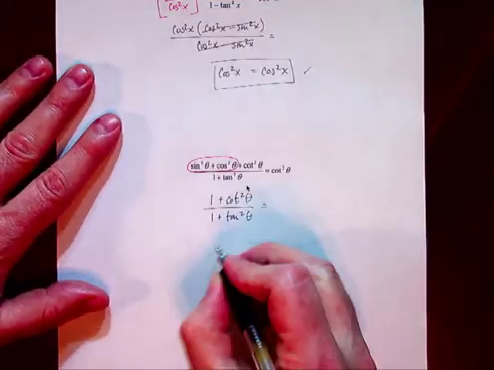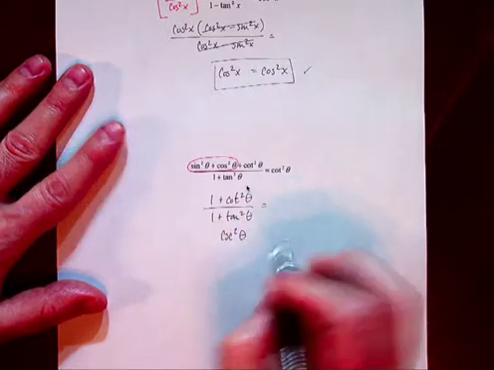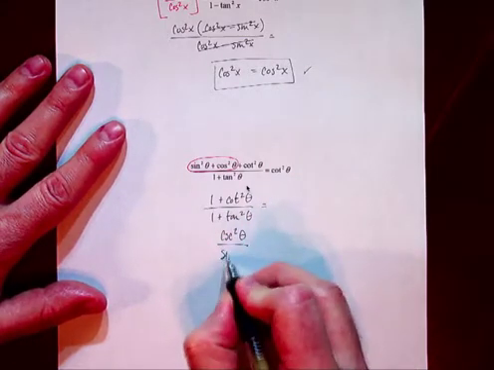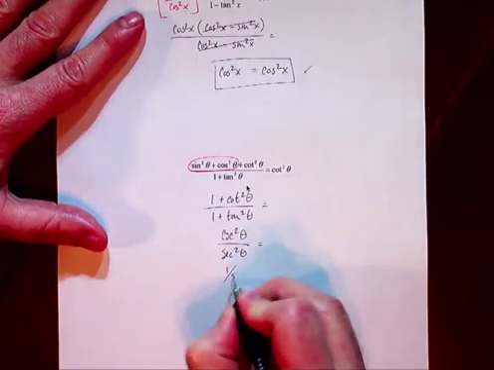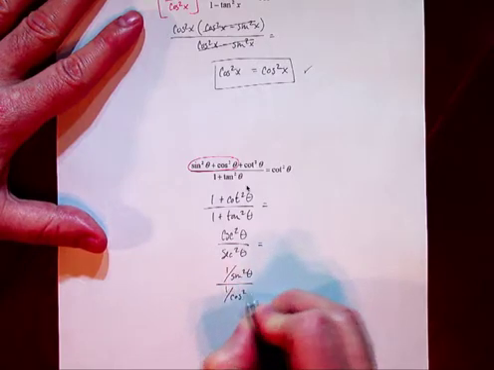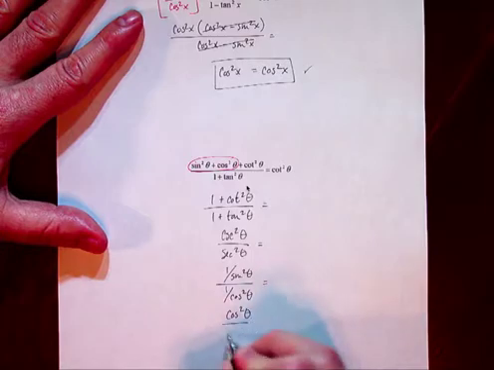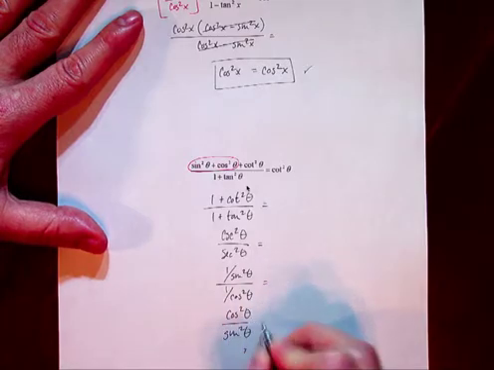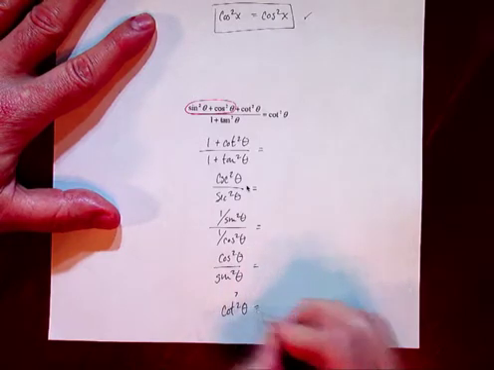Okay, well, if that's cosecant squared theta and that is secant squared theta, then isn't that 1 over sine squared theta and 1 over cosine squared theta, which amounts to cosine squared theta over sine squared theta, which of course is just cotangent squared theta.